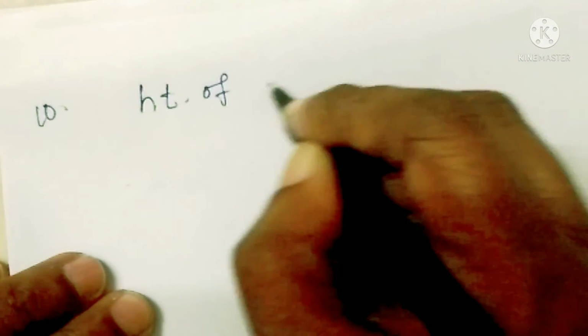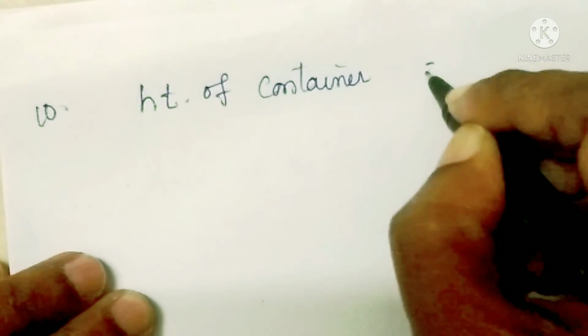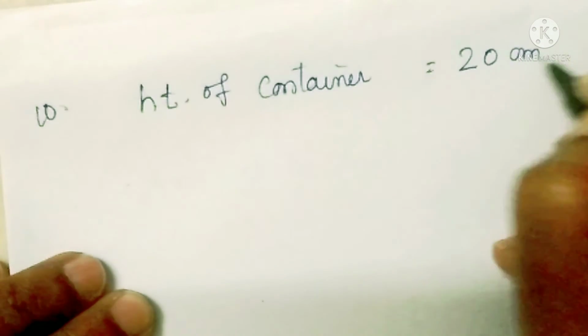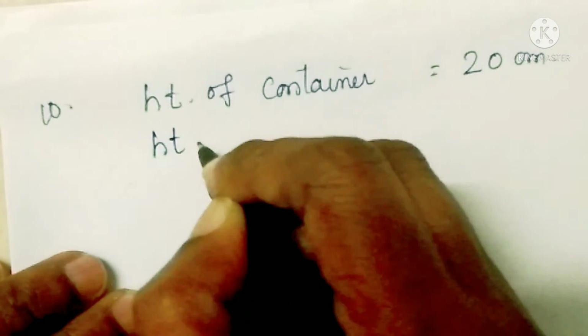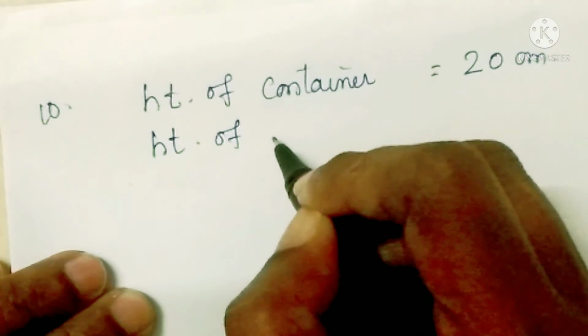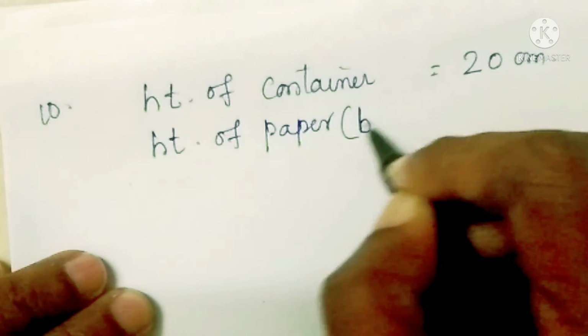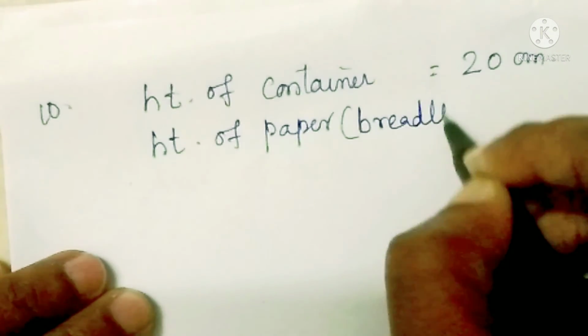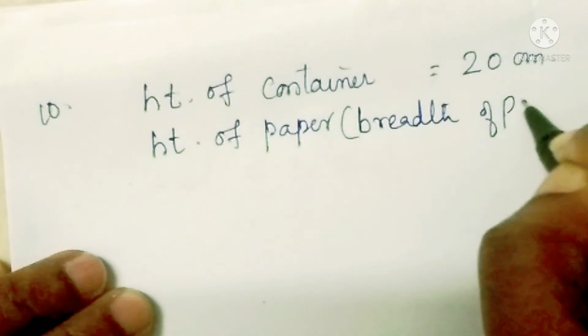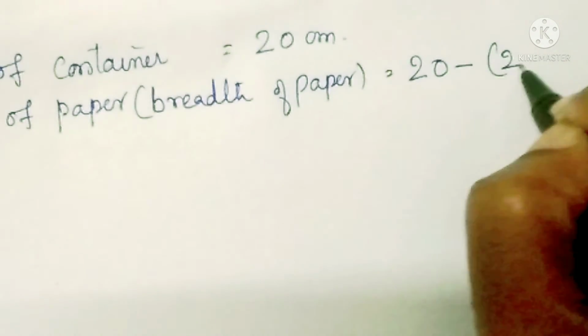Height of container is 20 centimeter. So height of paper, or it can be considered as breadth of paper, is equal to 20 minus 2 plus 2.